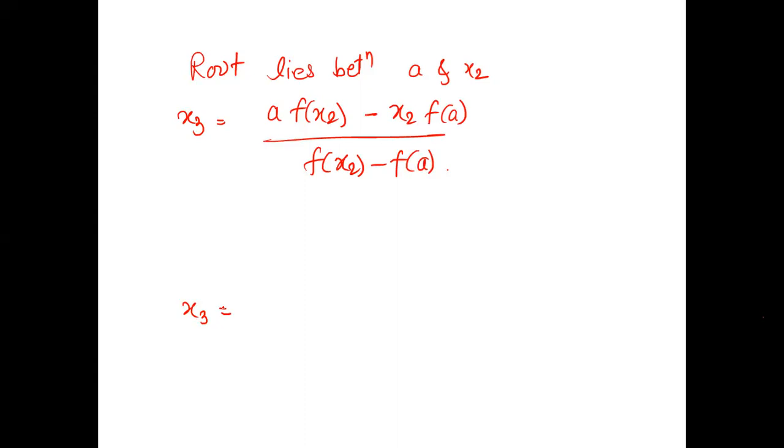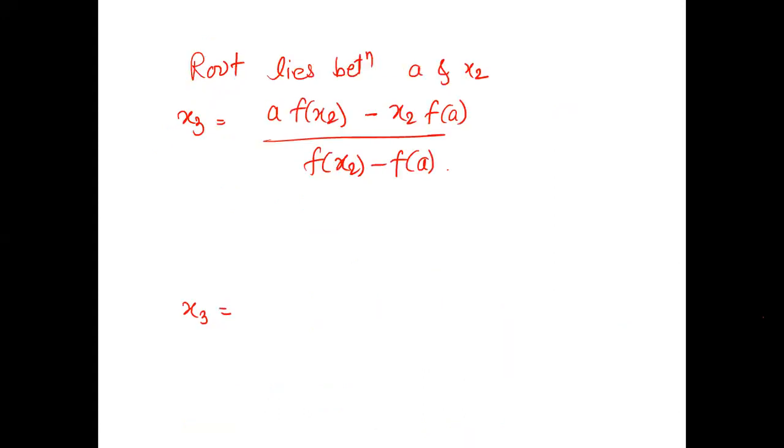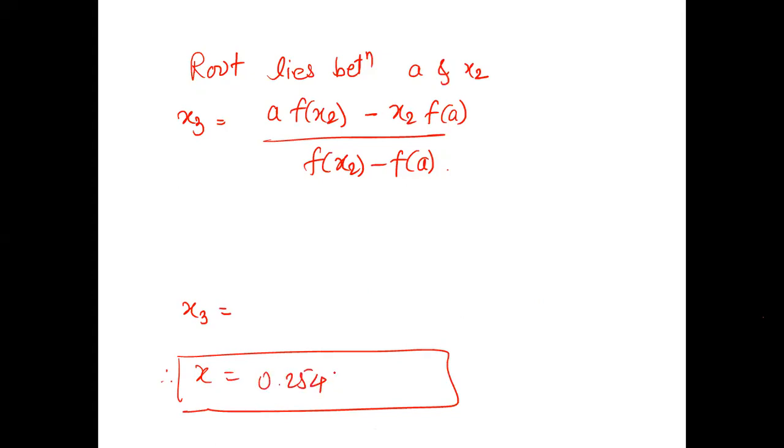I guess you will get the value in the next step because it nearly matches. 0.2541 has come, and you will get 0.2541 in the next also, I guess. I'll leave that to you. Please solve, and write whatever the answer is. Therefore x is, I guess, 0.2541. Don't just write it, check and then write.